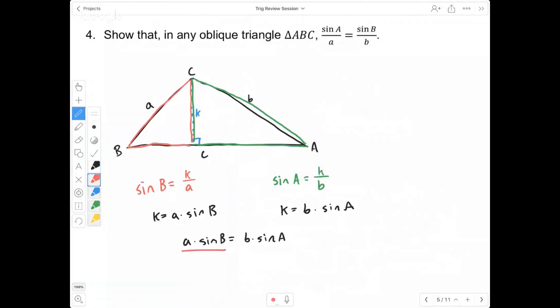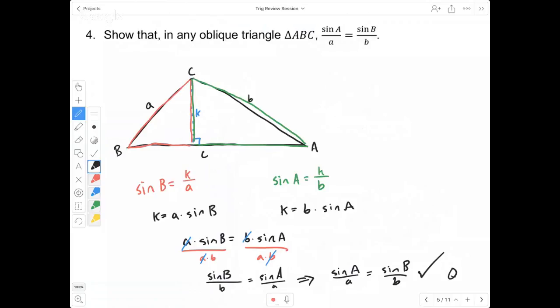And dividing by A times B, I can rearrange it such that A and A are together on the same side, and B and B are together on the same side, leaving me with sine of B over B equals sine of A over A, which follows that sine of A over A equals sine of B over B, just to get to exactly the ending I was looking for.